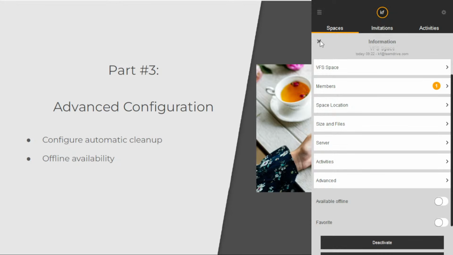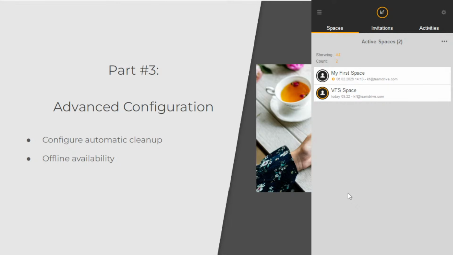You do not want to do that. If you mark the virtual file system space or any of its contents as offline available, it will be ignored from cleanup, which means it remains on your local hard disk, and that defeats the purpose of using the virtual file system.